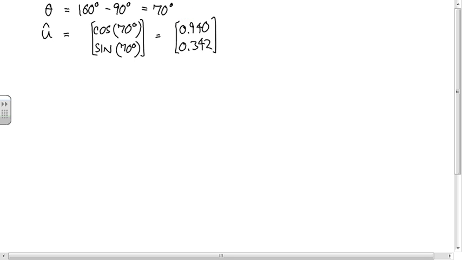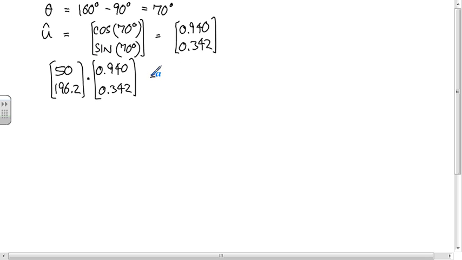And so then the last step is multiplying F_BI, so 50, 196.2, dotted with 0.940, 0.342. What do you get if you dot those? Okay, 201.47.